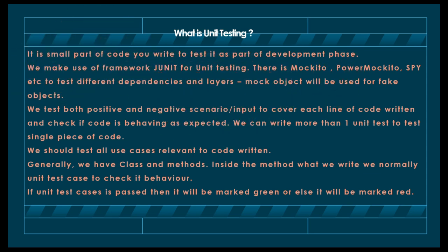There are certain dependencies and layers when you try to test, like the controller, service, and repository. When you're testing a piece of code that involves a dependency, or data that has to be fetched from an API, we should be able to test it with a fake object, using Mockito, PowerMockito, or a Spy. That's how we test dependencies, by mocking them and then testing.